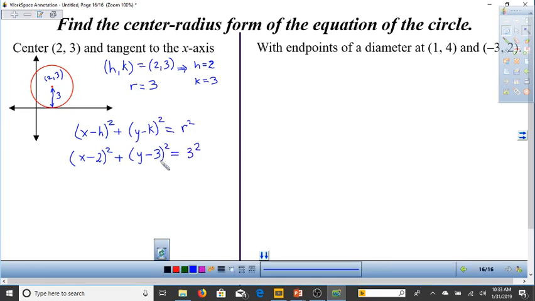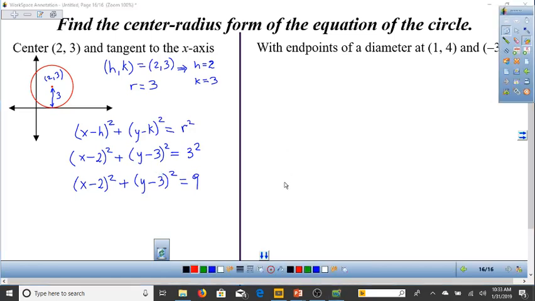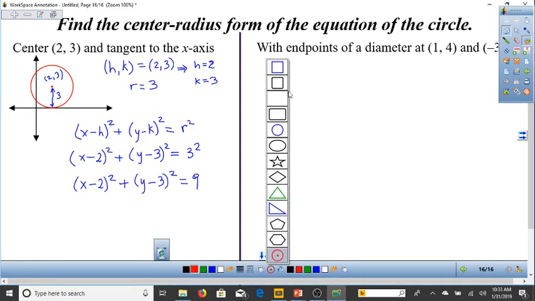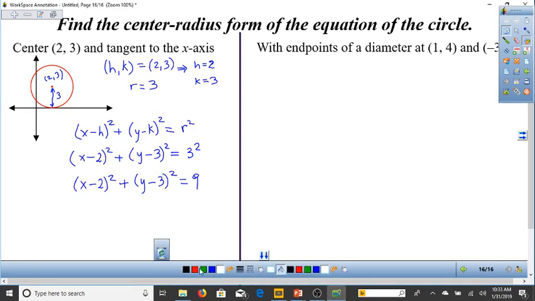And that can be written as x minus 2 squared plus y minus 3 squared is equal to 9. And there we have our equation of the circle in center-radius form.